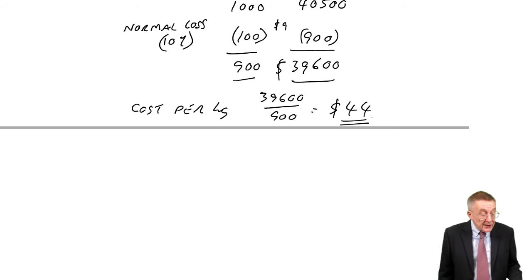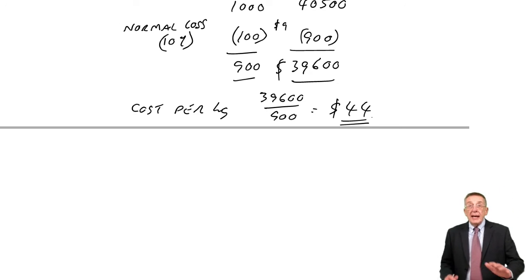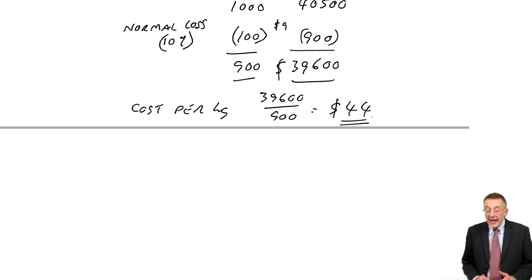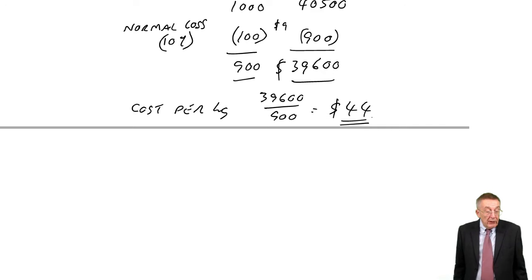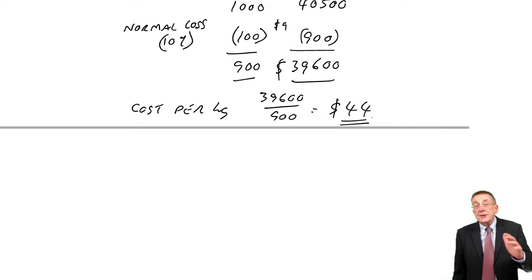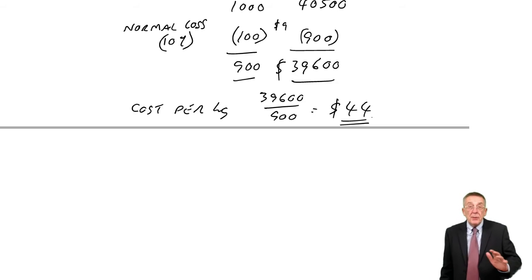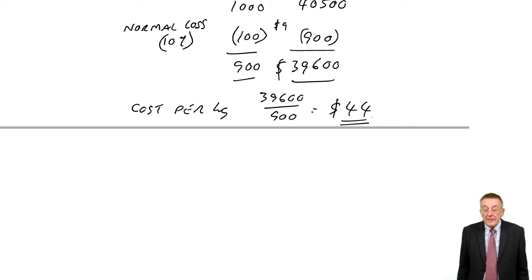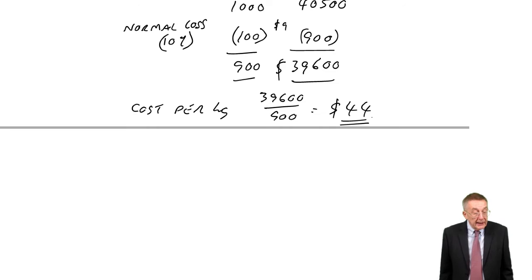I did say at the end of the last lecture that although on average we might lose 10%, and that's what we do our costings on, it would be a miracle if we lost exactly 10% every month. Some months we might lose a bit more, some months a bit less. What's happened here?